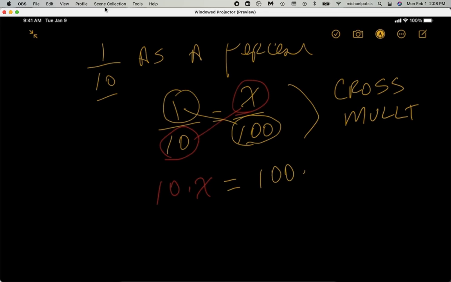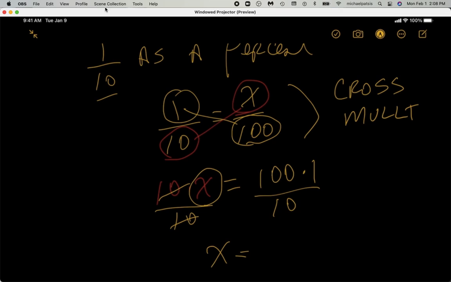That's 100 times 1. Now we solve for x. To do that, we divide both sides by 10 so that we get x by itself. Now we have x equals 100 divided by 10. We cross these zeros out and we get x equals 10.